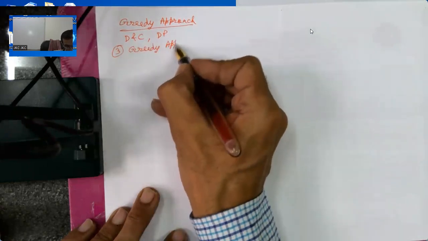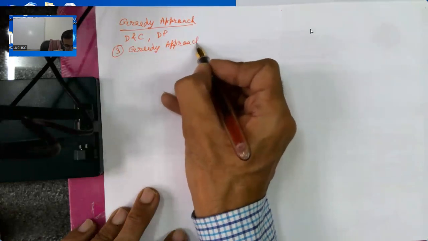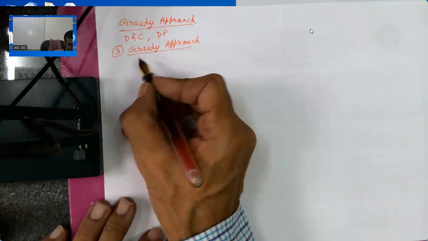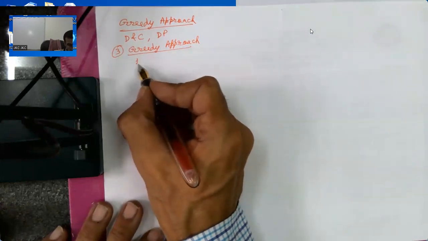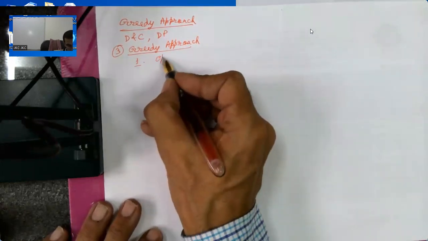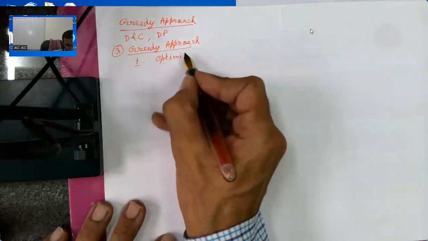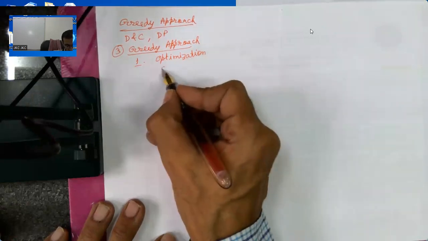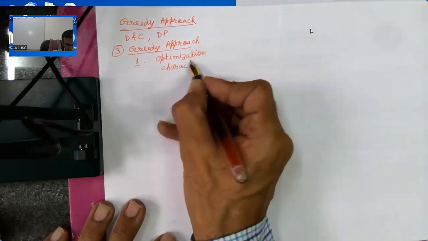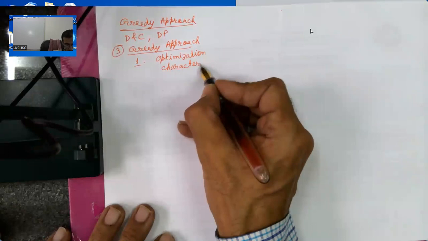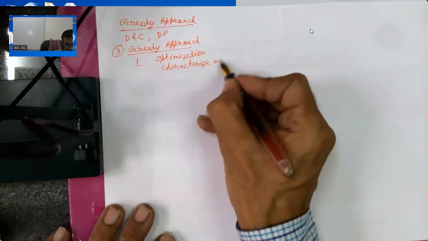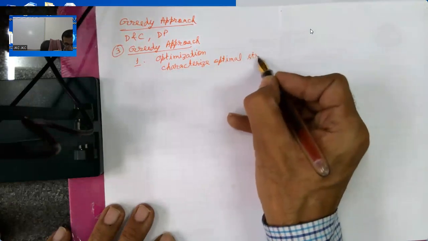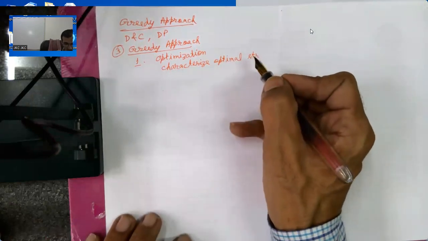But again, for a specific set of problems, this will be applicable, where the problems will of course be, number one, an optimization problem. So my first step or first element will be effectively to characterize the optimization properties and find out the optimal structure. Of course, it will be using some substructures.